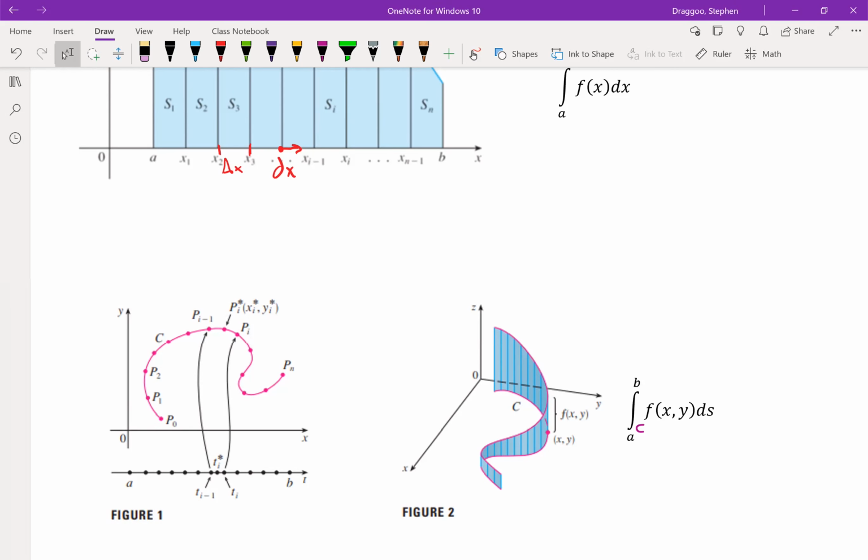Dx isn't necessarily going to work anymore, because we aren't simply moving along the x-axis, we're moving along this curve. And if we use s to represent the arc length of said curve, then we're probably going to end up wanting ds to be the thing that we're going to use as an integrating factor, or an infinitesimal change along the direction of s.